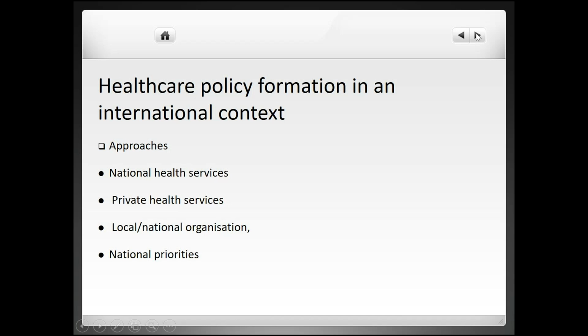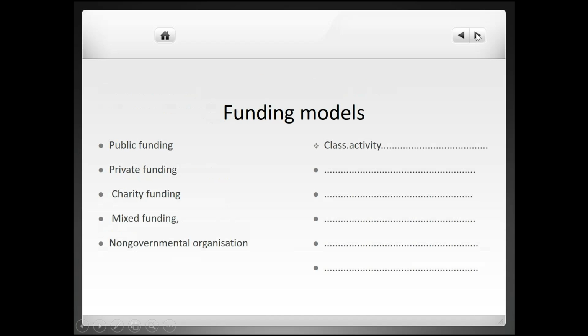Let's go to the next slide. What about funding? There are different funding models which I have more or less described. We have public funding, of which the NHS is number one and a living example. We have private funding from people's pockets, and the US is an example.